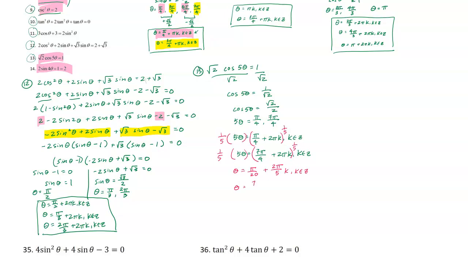That's going to be 7 pi over 20 plus 2 pi over 5 k, k is an element of all integers. Okay. Number 14 is very similar.